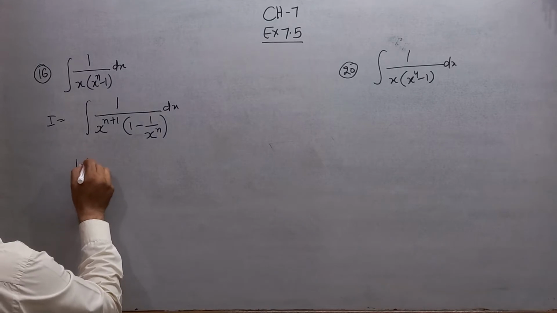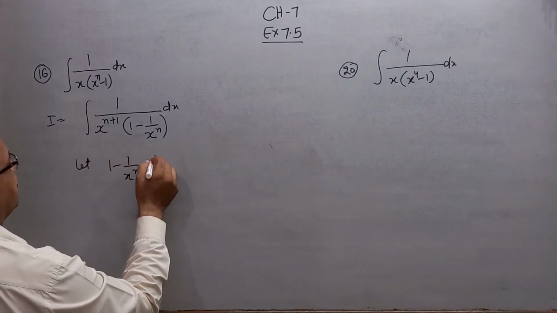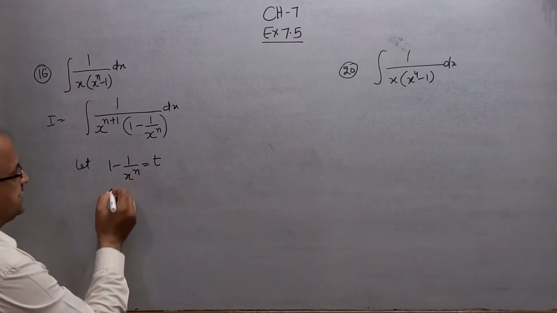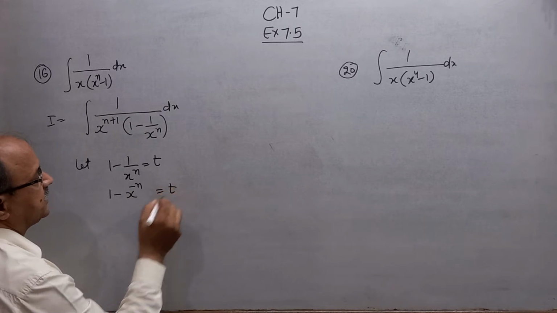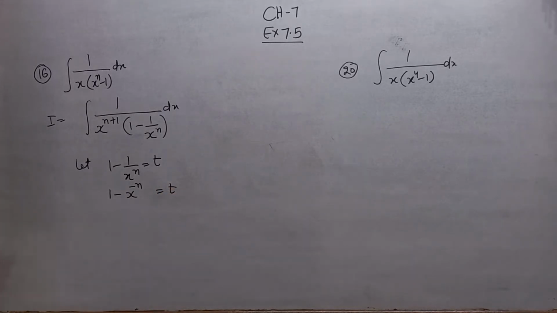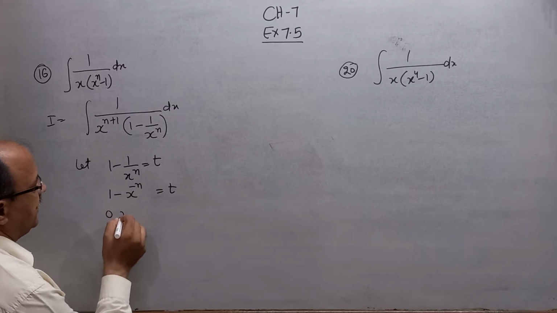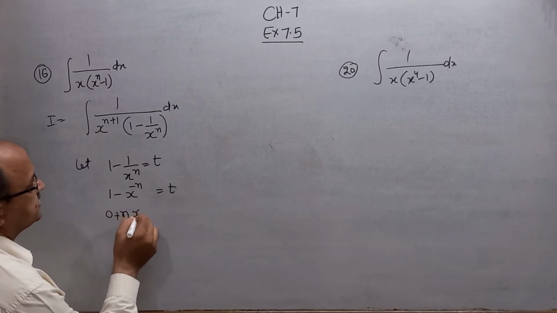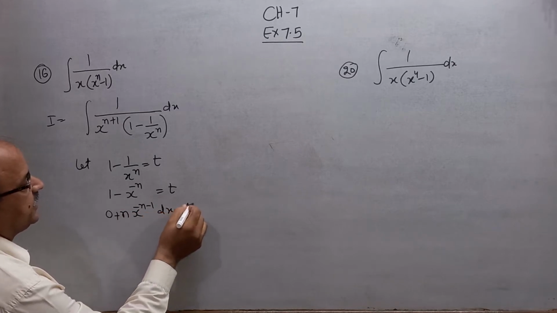Now let 1 minus 1 by x to the power n be equal to t. You can write x to the power minus n is equal to t, and the derivative of x to the power minus n gives n times x to the power minus n minus 1 dx, equal to dt.